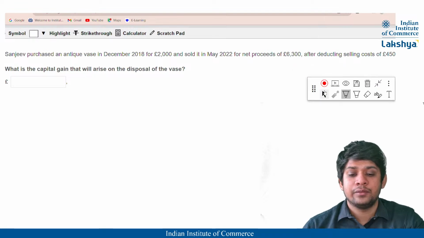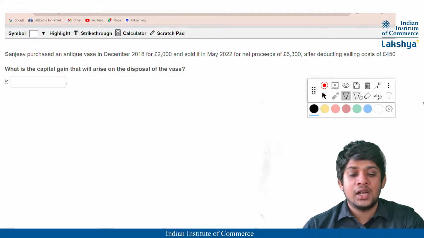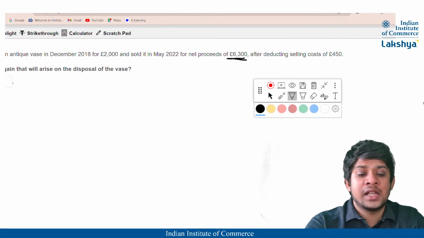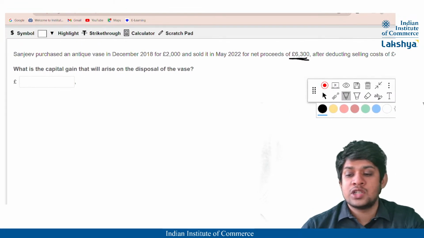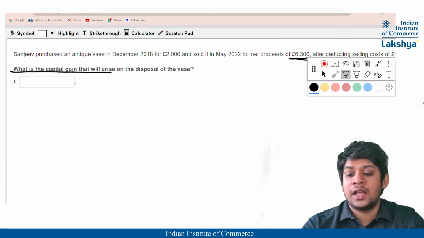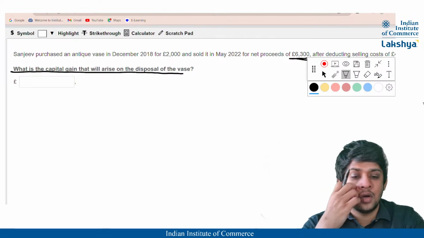So guys, firstly, her net proceeds are 6,300 and that is after deducting selling costs of £450. What is the capital gain that will arise on the disposal of her vase?